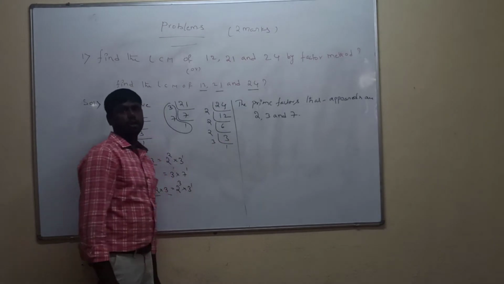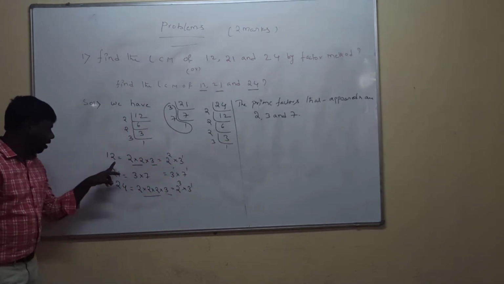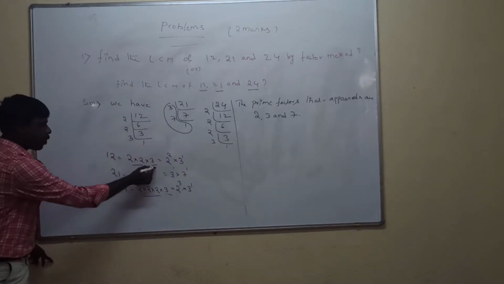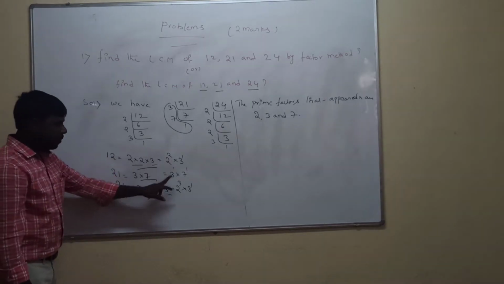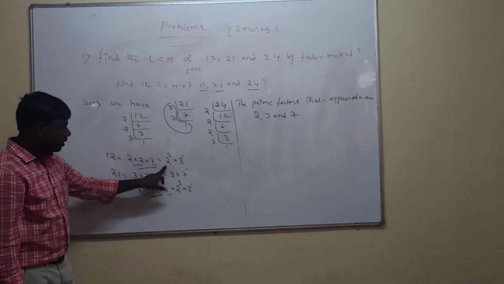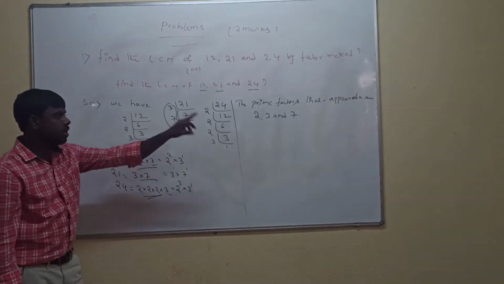Everyone understanding? The first step is to write each number expressed as a product of the prime factors. Next, which prime factors have appeared? 2 is appeared, 3 is appeared, 7 is appeared.